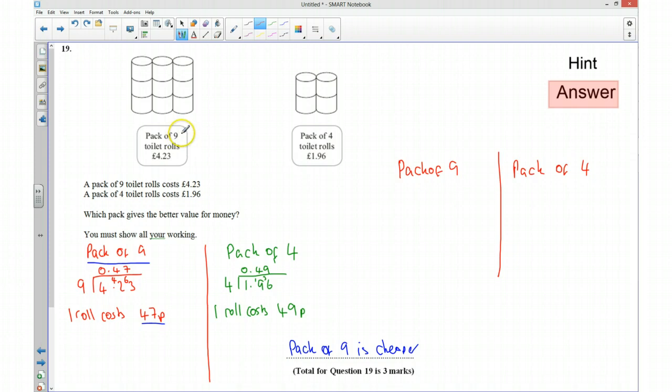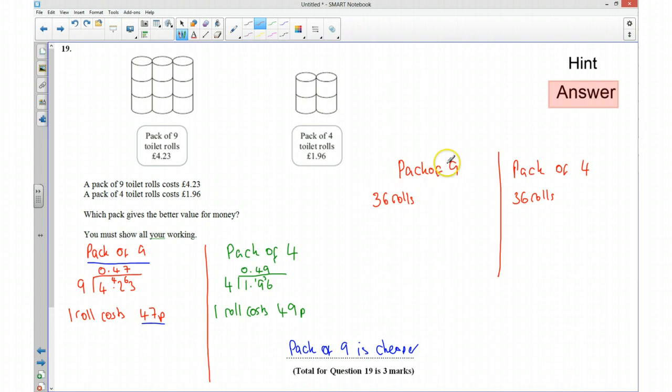So a number that's in the 9 times table and the 4 times table. Okay, and you might spot the number 36 is in your 9 times table and your 4 times table. So I can start by saying I want to work out 36 rolls for that one, and I'm going to work out 36 rolls for this one.